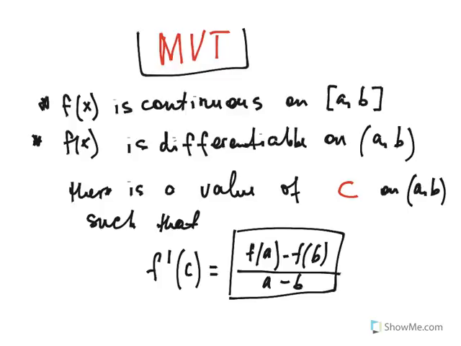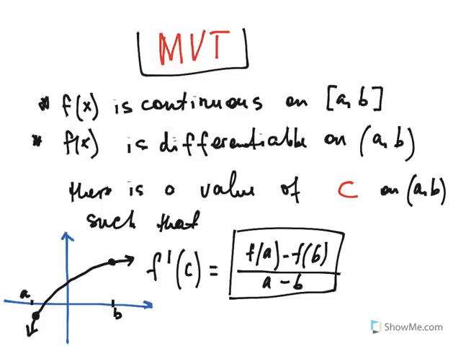So let's see how this works graphically. I'm going to use this same page. Let's say I have my function f of x, and it is continuous, so it looks something like this. And I have the two x values, a and b. Let's say one is here, and that's my a, and x equals b is up there.